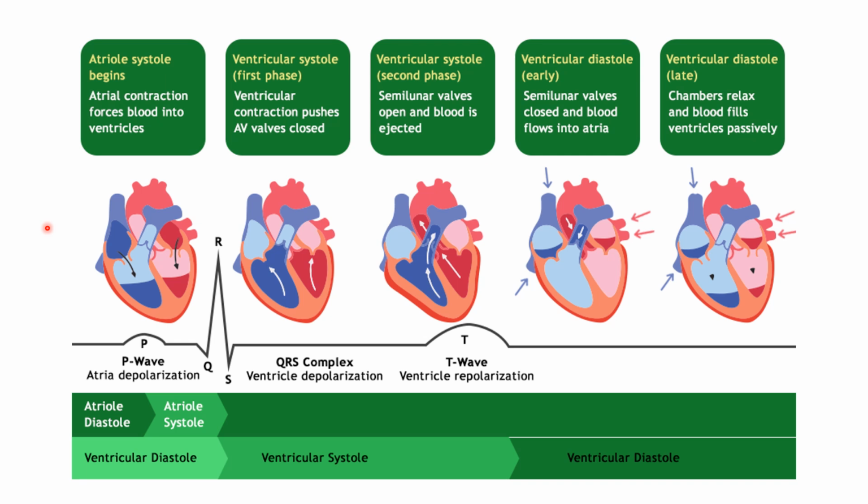This picture is associating systole and diastole with each of the movements of blood in the heart. It's also associating those with the complexes on the EKG. So as you can see, the ECG is used to measure the electrical activity that causes the heart to pump.